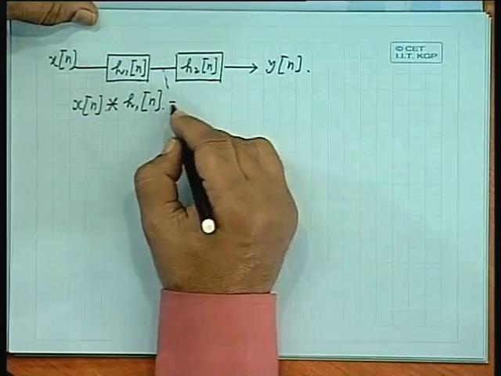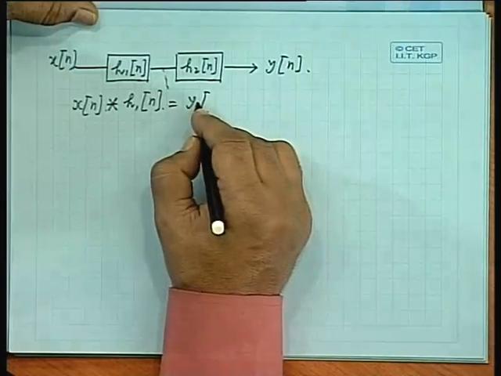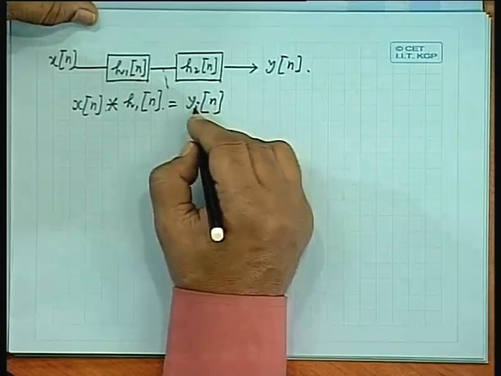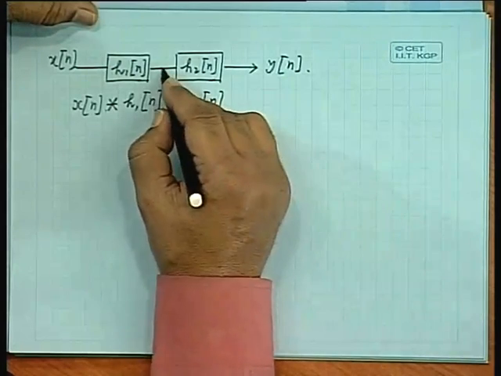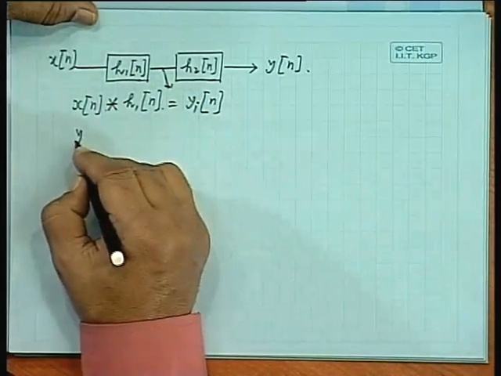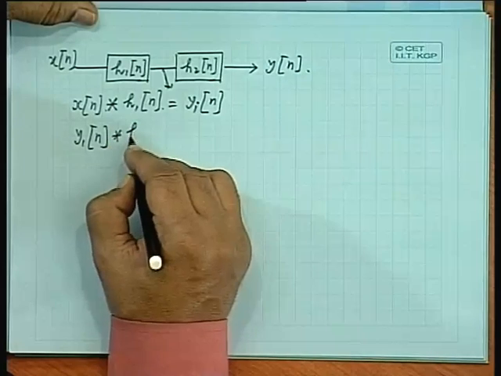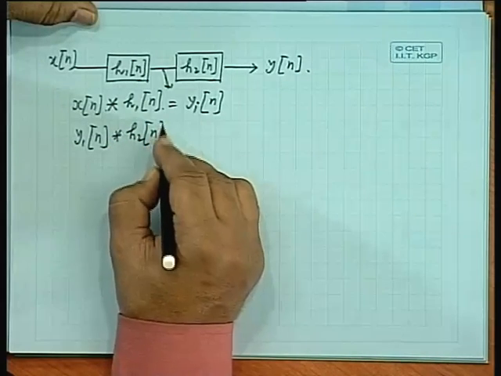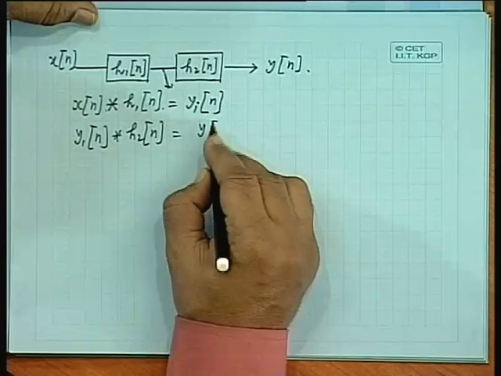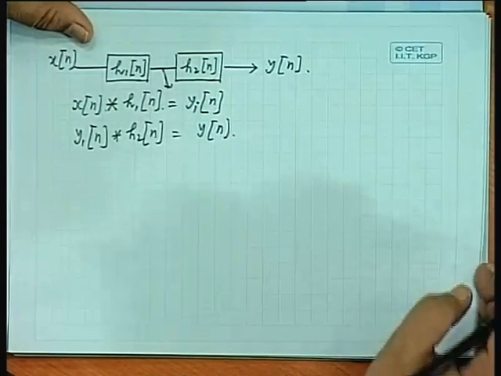Let us call it some intermediate output y intermediate n, which, convolved with h2 n, gives me y n. Okay.